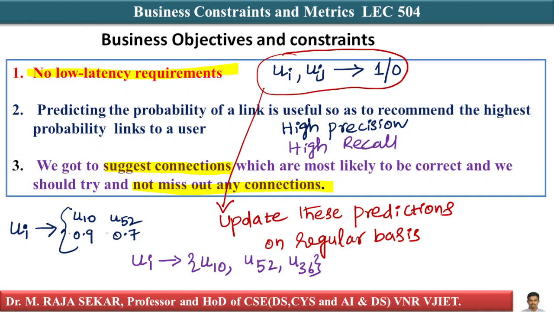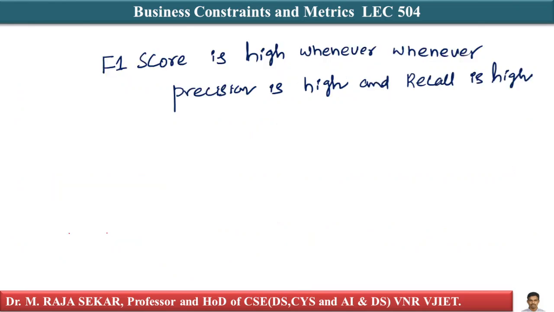One metric which is sensible is the simple F1 score, which we will be using in this case study. F1 score is high whenever precision is high and whenever recall is high.